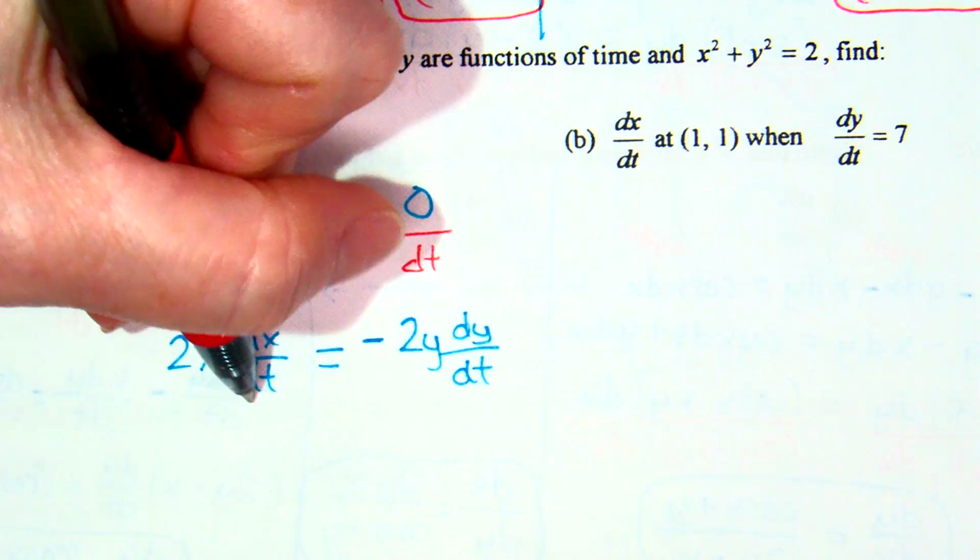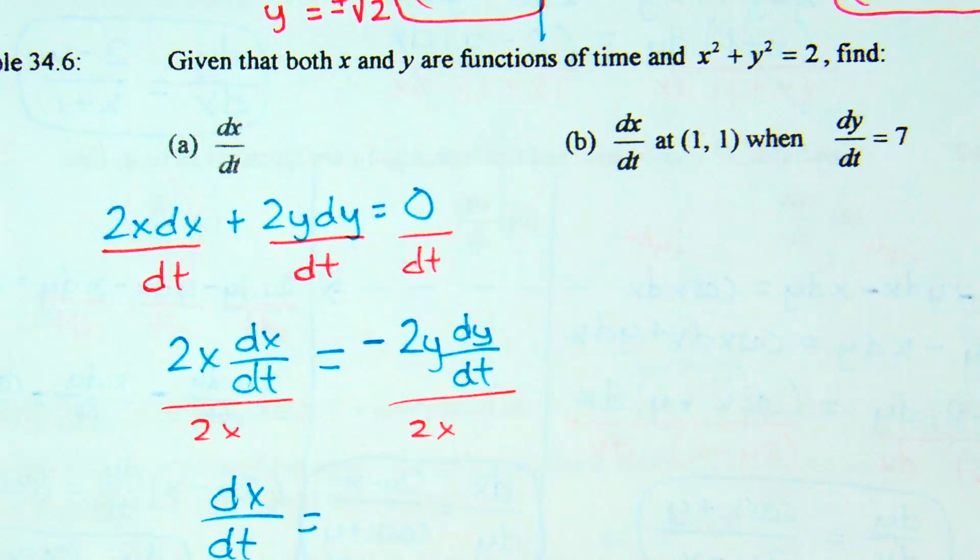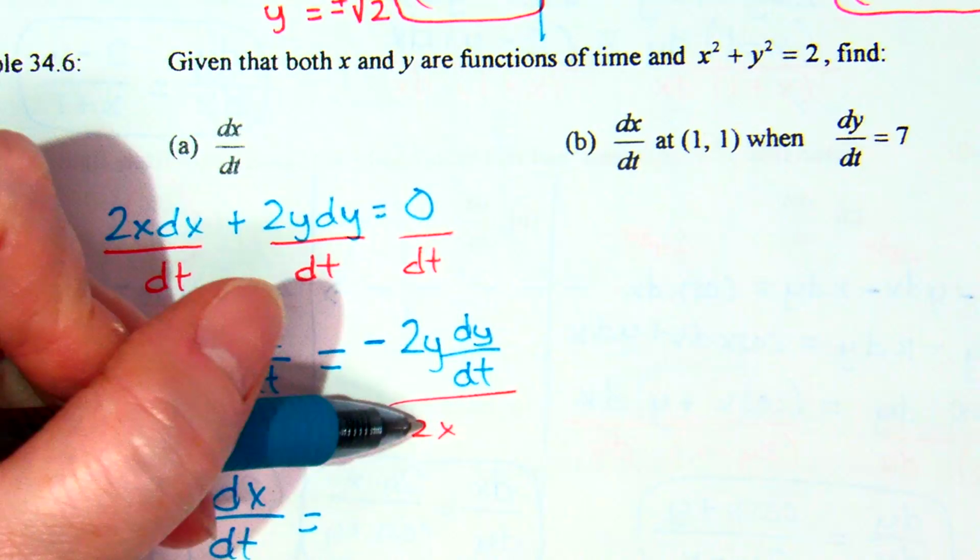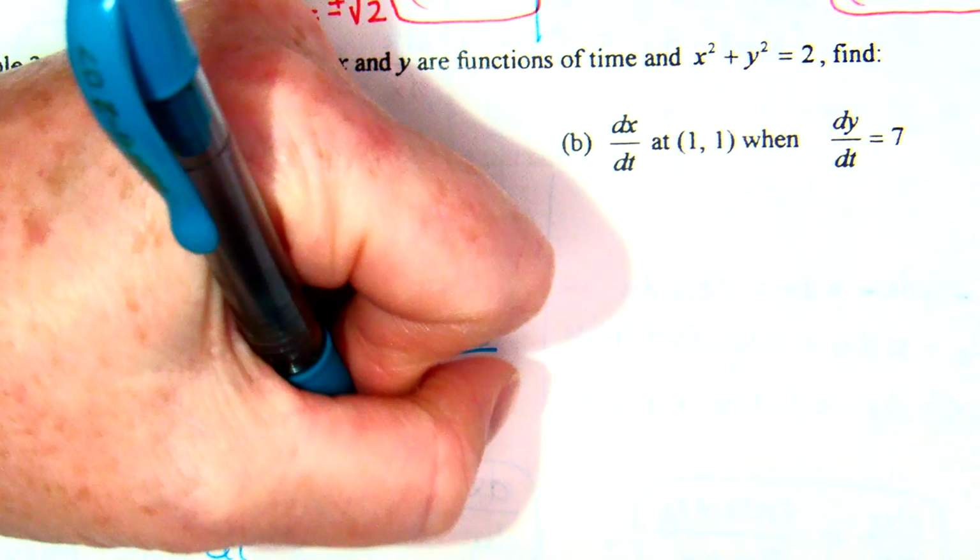So now I have dx dt. What happens when you do negative 2y divided by 2x? It's y over x. Okay, so my point is, the 2's cancel. I have negative y over x, and then tag on the dy dt. So negative y over x dy dt.